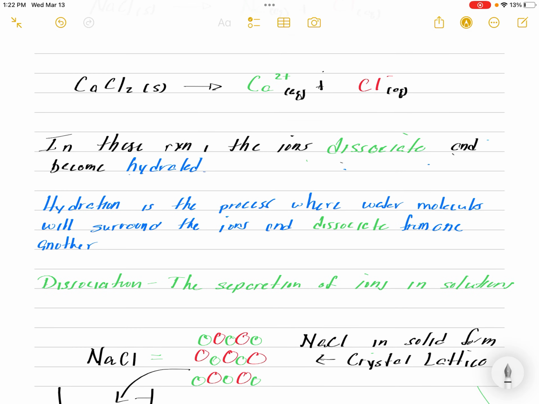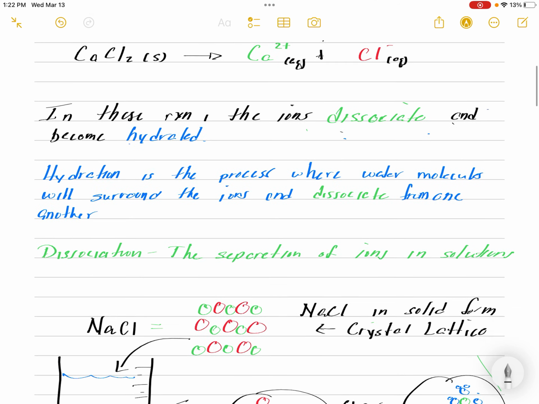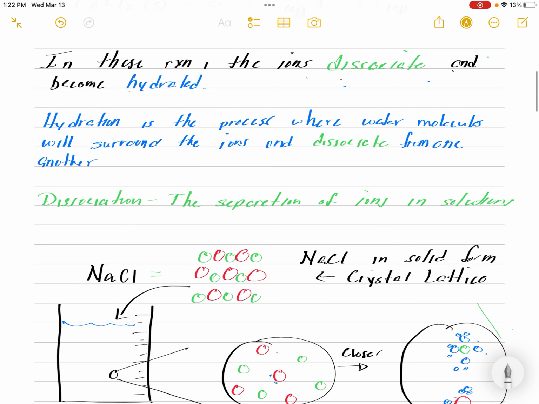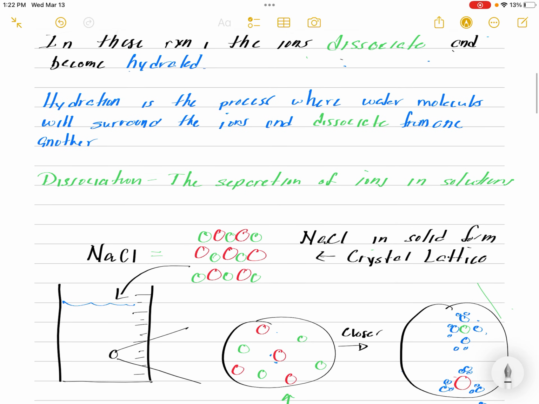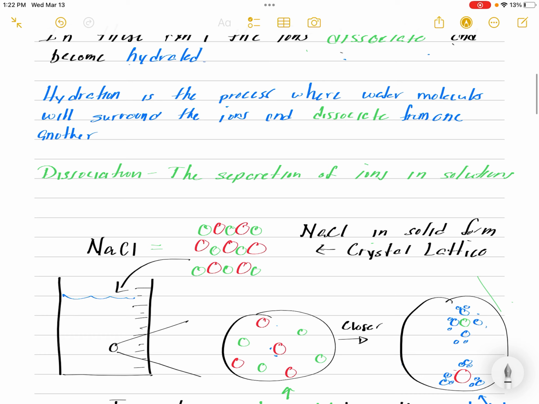So here we have a basic crystal lattice structure of what sodium chloride would look like. You have your positives, you have your negatives. They're all combined in this lattice, right? This crystal lattice. Now we're going to pour that into a solution. So what's happening, right? This goes into the solution. Let's take a closer look and see if we can zoom in a little bit. So when you have a solution, what happens is that this lattice is going to begin to separate.